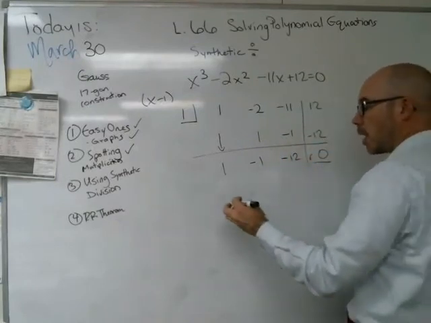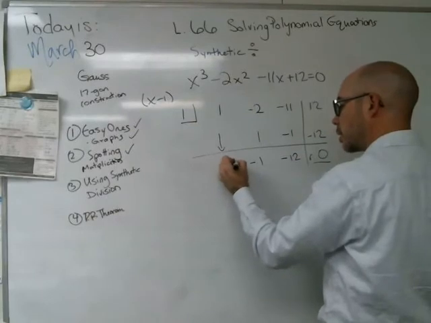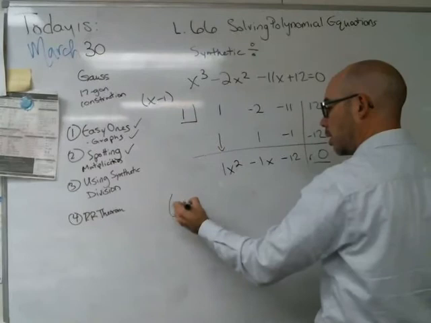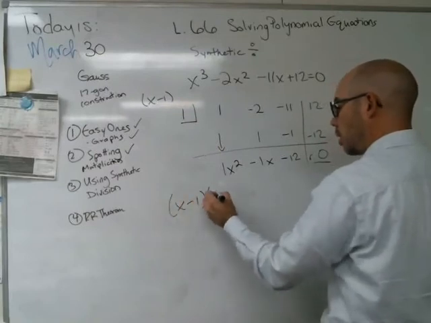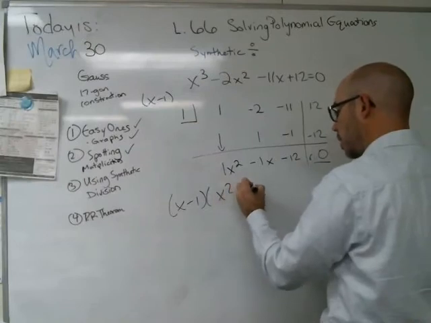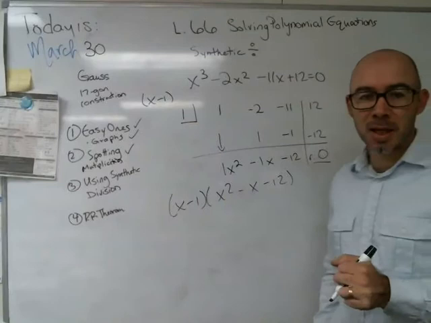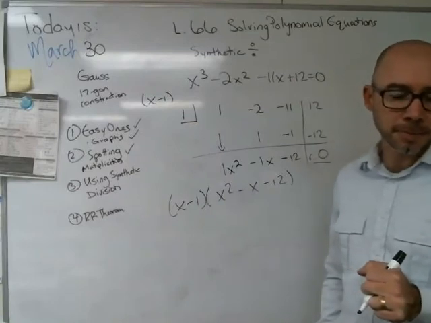Yep, we got it. So what's left is 1x squared minus 1x minus 12. We've got x minus 1, and we've got this bit left over, x squared minus x minus 12, which at this point is easy enough to continue factoring.